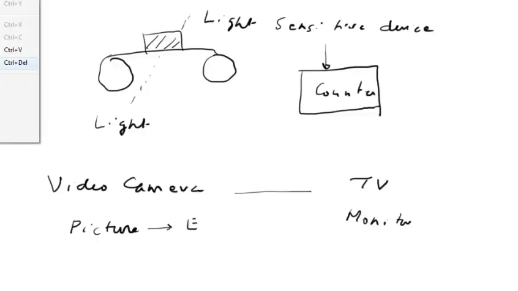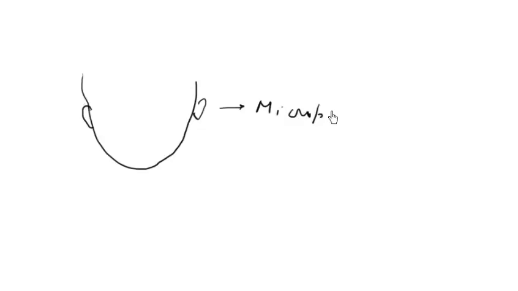Although we have seen a number of engineering examples, it will be interesting to see that a human body also uses a number of signals and transducers. For example, ears act like microphones. They will convert the sound signal into an electric signal and send it to the brain, which will interpret the sound.